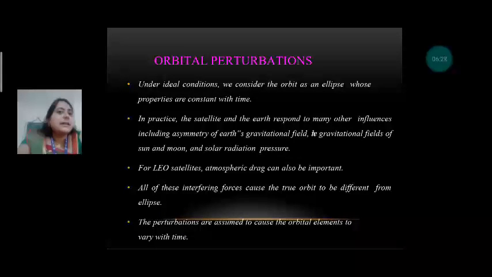Under ideal conditions, we consider the orbit to be an ellipse, but the properties will not be constant with respect to time. It will not be zero. There will be some tolerance value that makes the station keeping maneuver necessary to find its right place. For low Earth orbit satellites, atmospheric drag, which is another important disturbance, also finds its place.